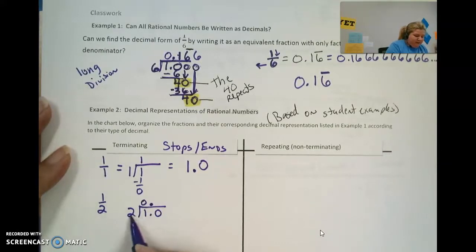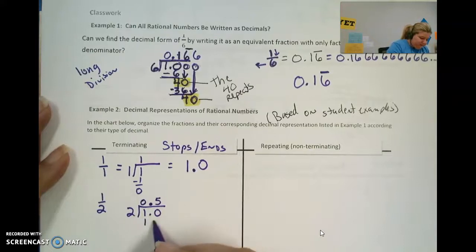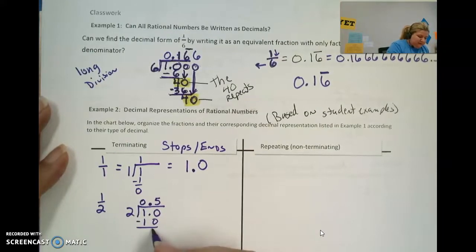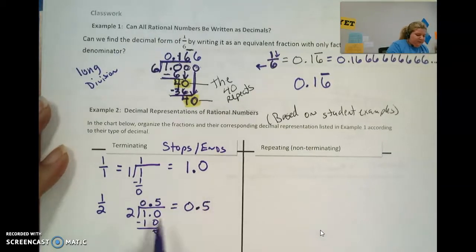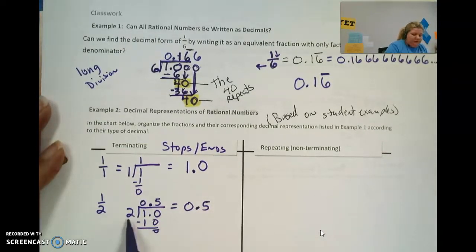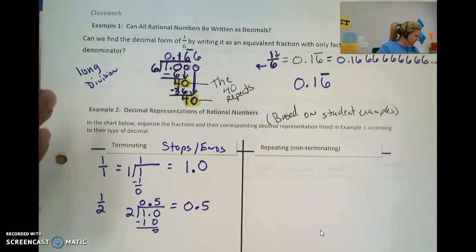None. How many groups of 2 are in 10? 5. 5 times 2 is 10. 10 minus 10 is nothing. So if I ended up with 0.5 when I divided, I would know that I was set up correctly. So that's just something I used.